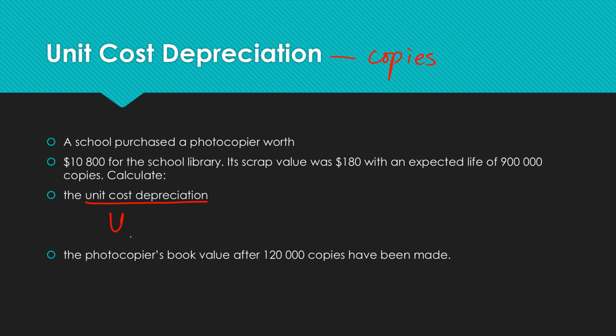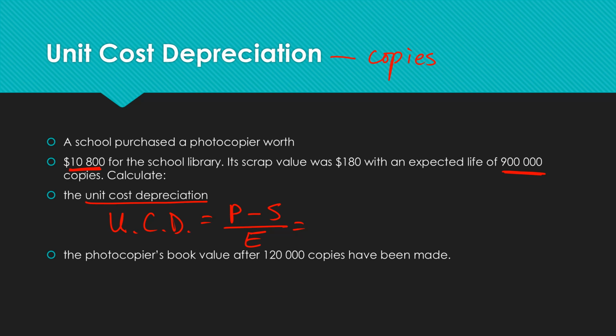When we're looking at the unit cost depreciation, this is based off how much you start off with, which is the principal amount, minus the scrap value, because we want to look at how much is being lost over the amount of copies we make, and because we're looking at how many copies we make, we need to look at our expected life.